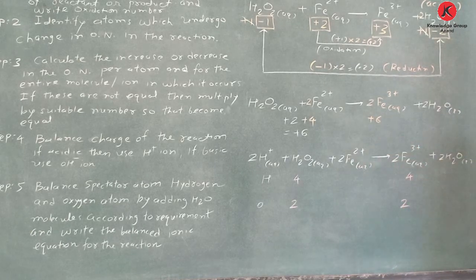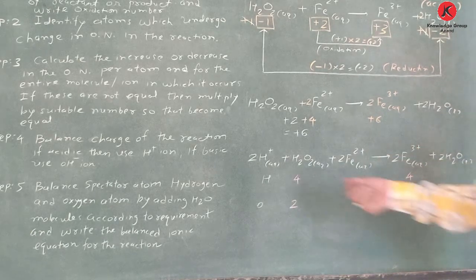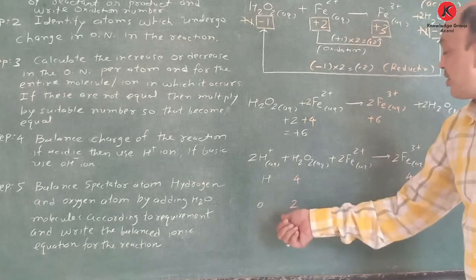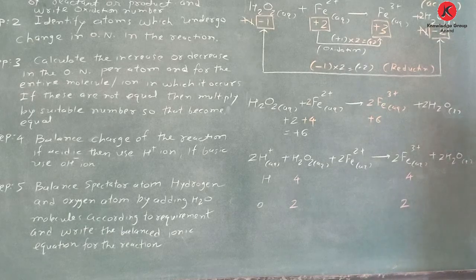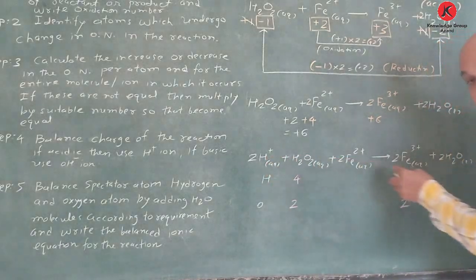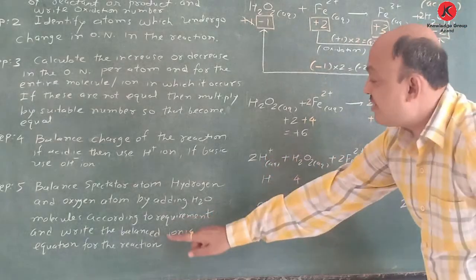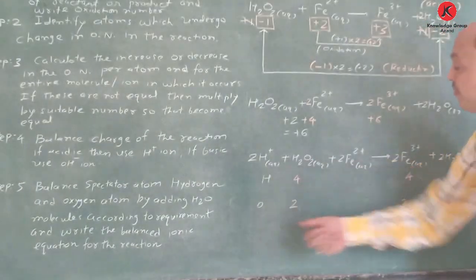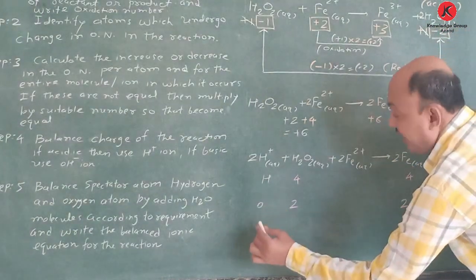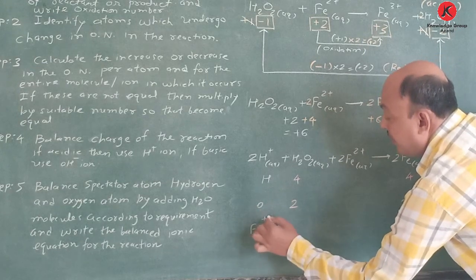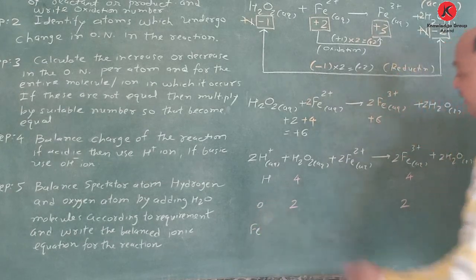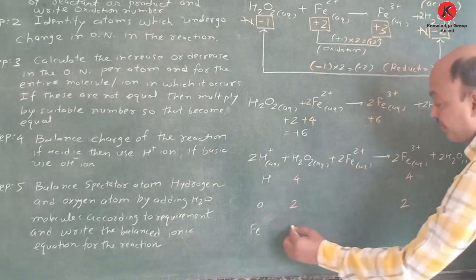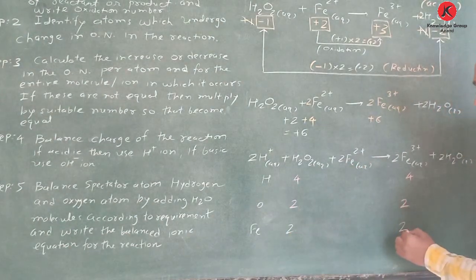This is already balanced. Remember, hydrogen is 4, here hydrogen is also 4, oxygen is 2, here oxygen is 2. Now the balanced ionic equation for the reaction is already completed, but we have to check the elements: hydrogen, oxygen, and then Fe. Only Fe, don't consider charge. So Fe is 2, here Fe is also 2.